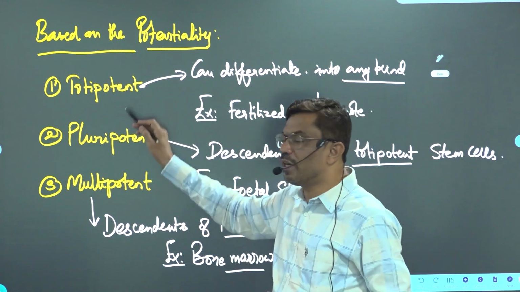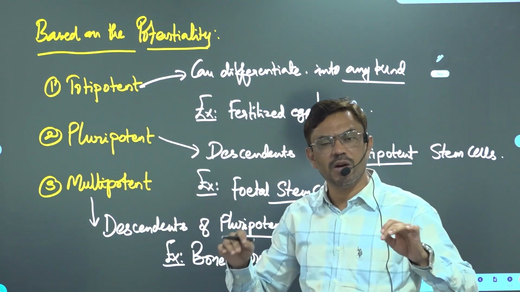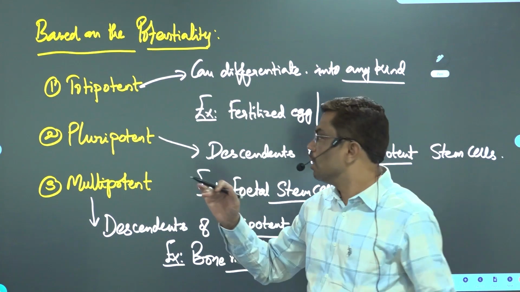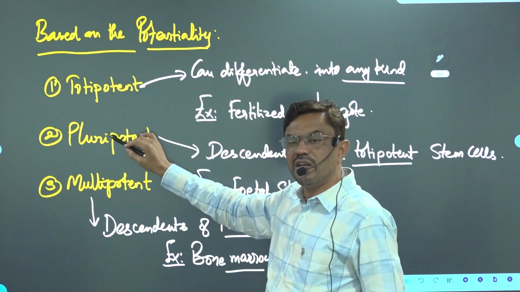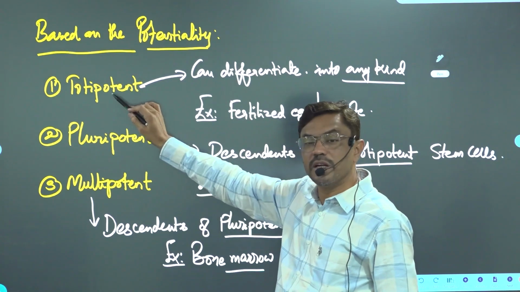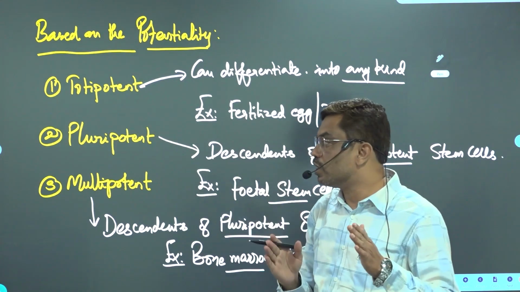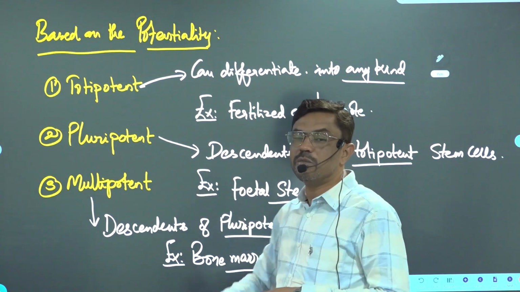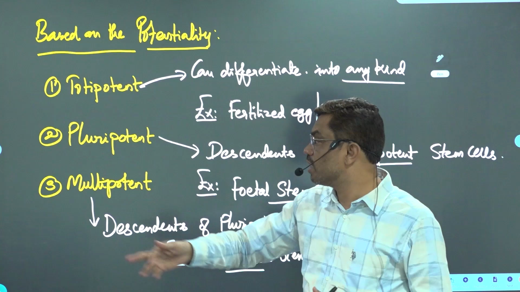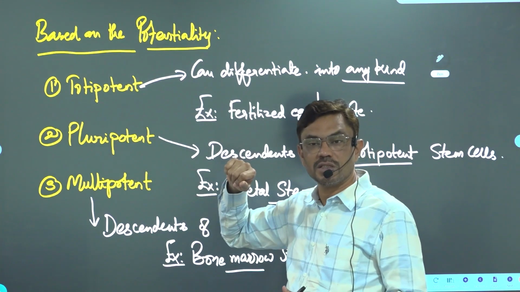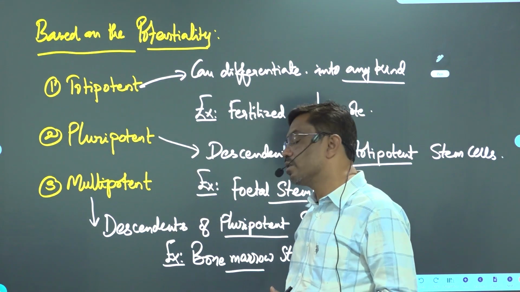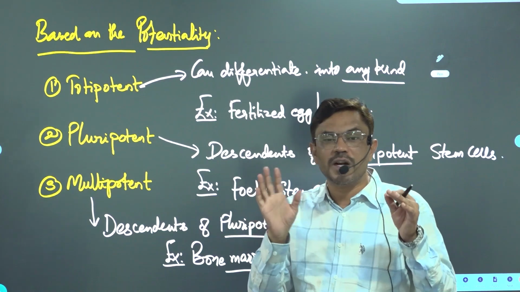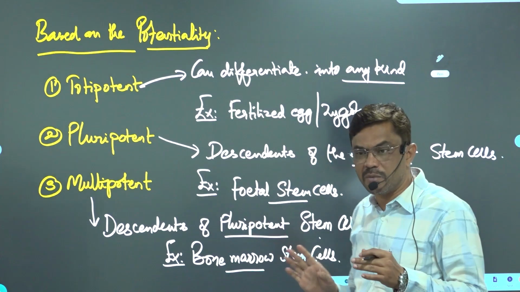So actually, totipotent means there is no limitation. It can modify into any kind of cell. Pluripotent means it is a descendant of totipotent, that means it has some limitations or restrictions. Multipotent means it has much more limitations when compared with pluripotent stem cells. Example, bone marrow stem cells. They can differentiate into only some certain types of blood cells.